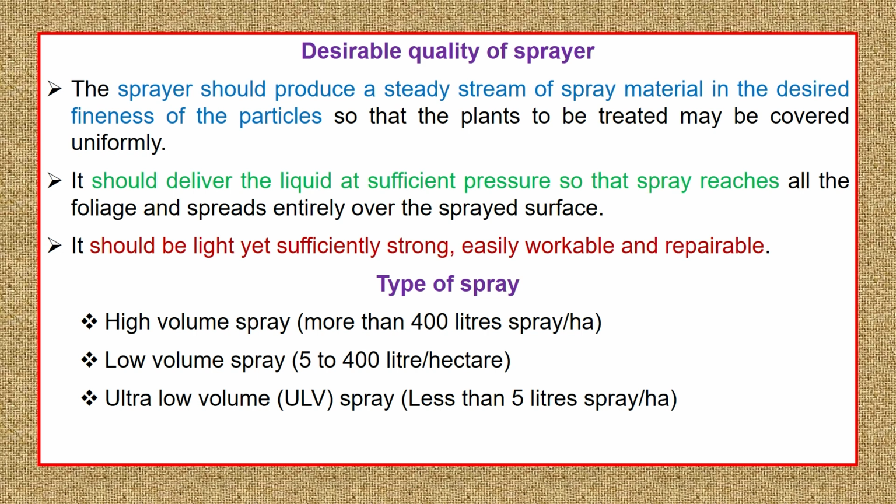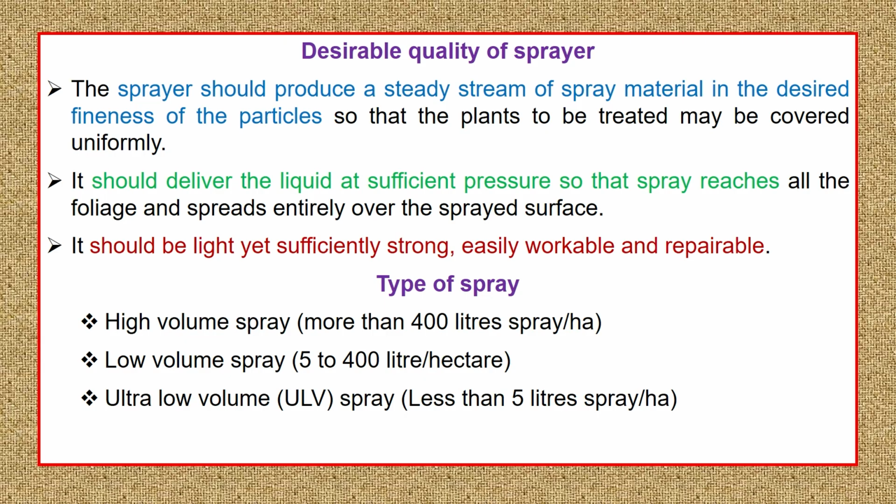A good sprayer should produce a steady stream of spray with the desired particle size, so that the particles sit over the plant and cover it properly and uniformly. The second desired quality of a good sprayer is that it should deliver the liquid at sufficient pressure so that the spray reaches the target.